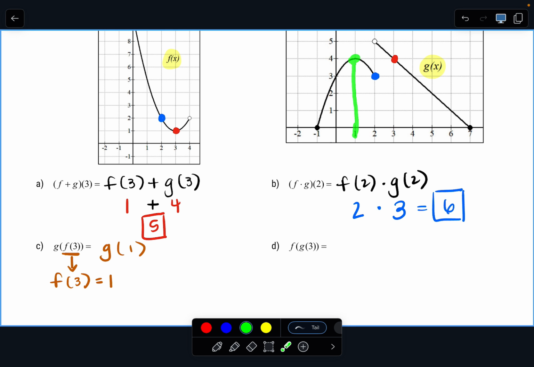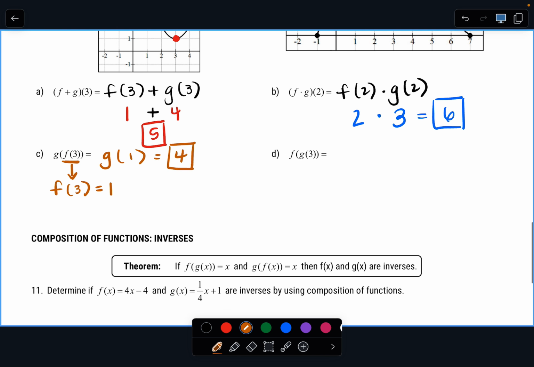And then I go up until I see the graph, and then I figure out what the y value is. The y value is 4. Okay. Inside first, and then the outside.